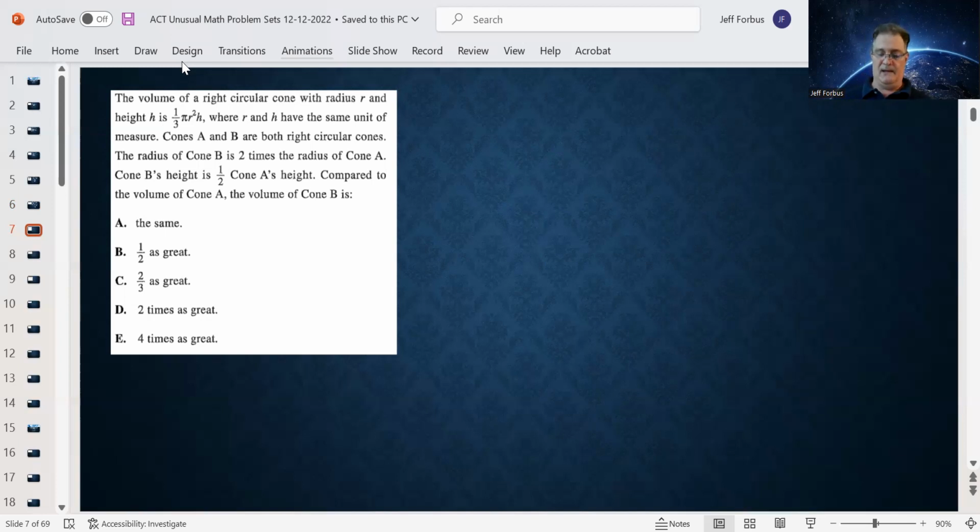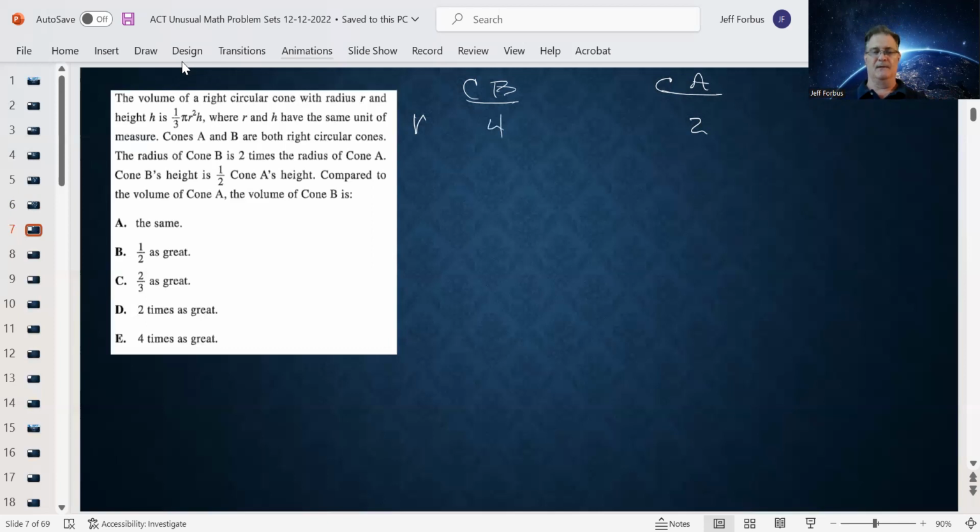They say cone A and cone B are both right circular cones. So they say cone B is 2 times the radius of cone A. So stop. Let's say the radius of cone A is 2. Then the radius of cone B has to be 4.